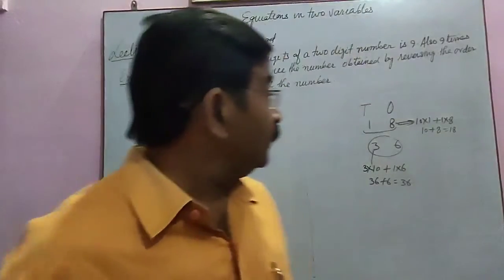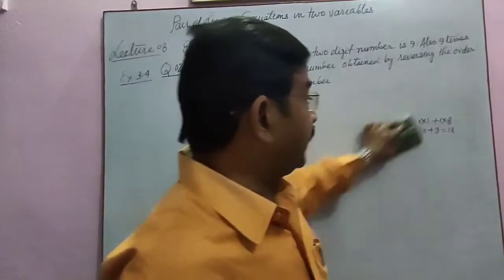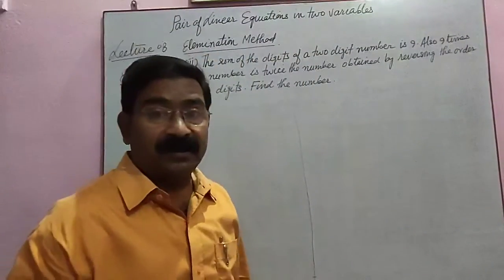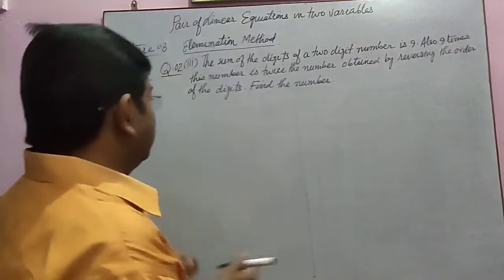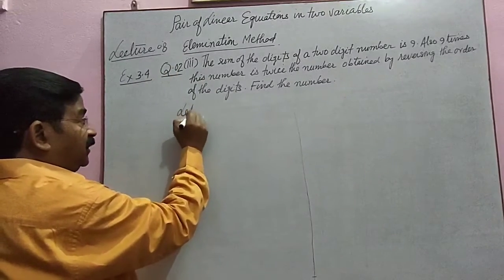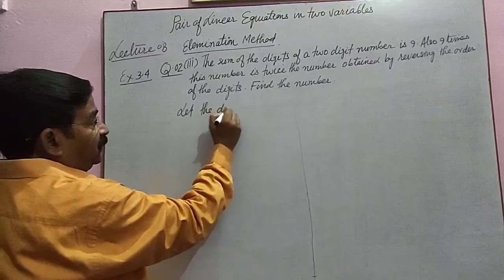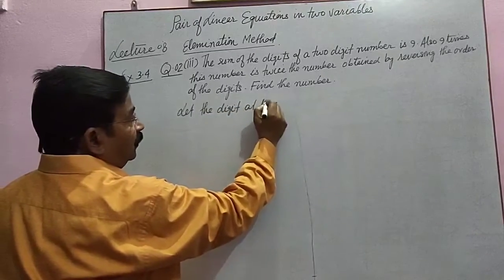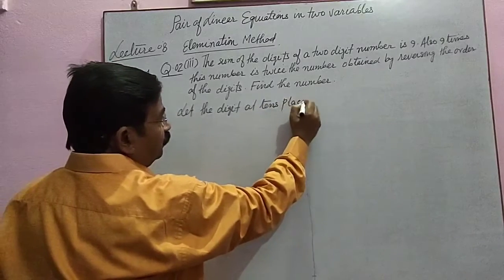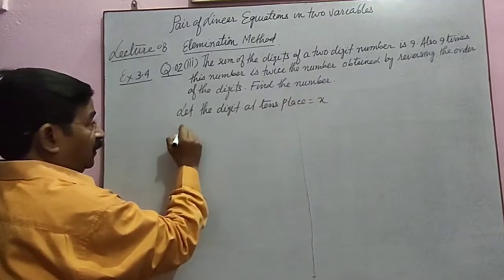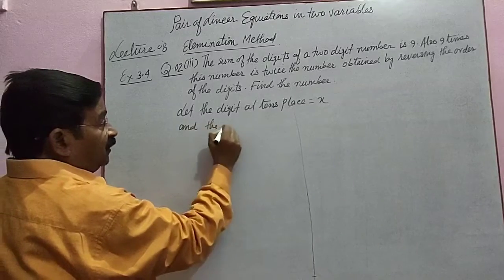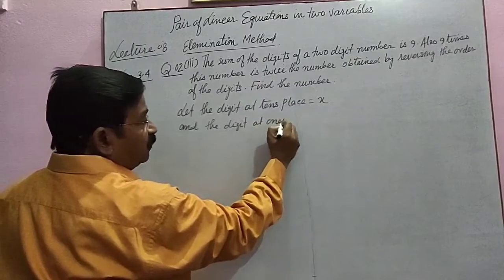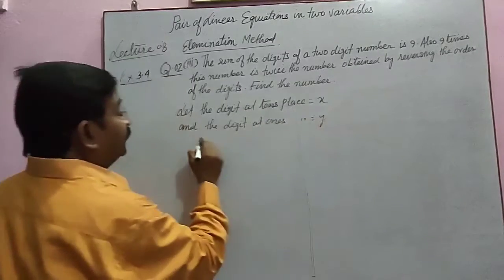But we don't know what the exact digits are. So what to do? We will assume the digits ourselves, that is, variables. Let the digit at tens place be x and the digit at ones place be y.